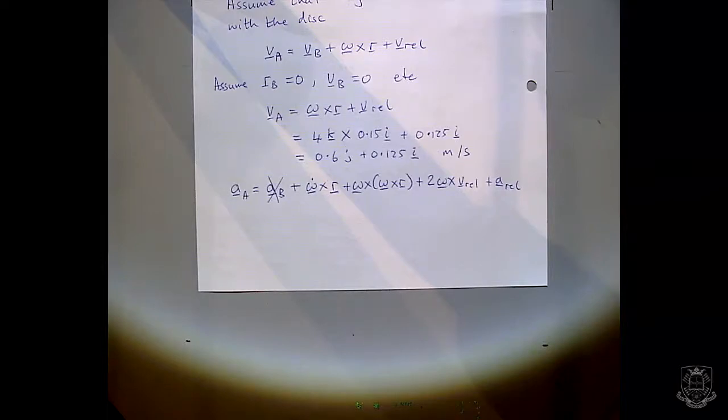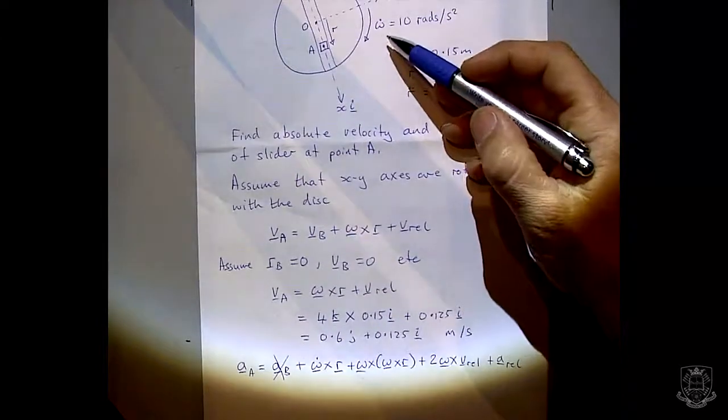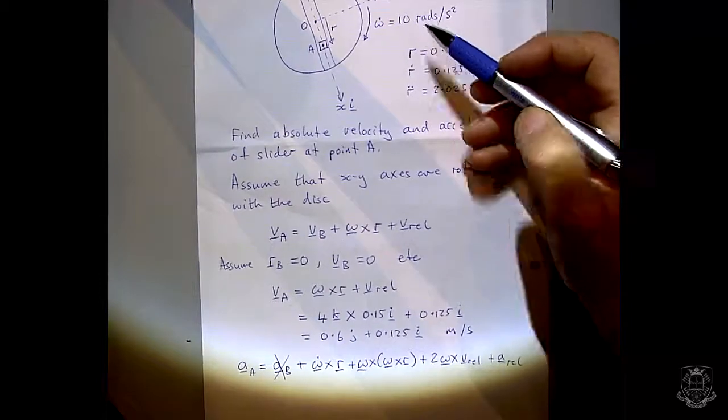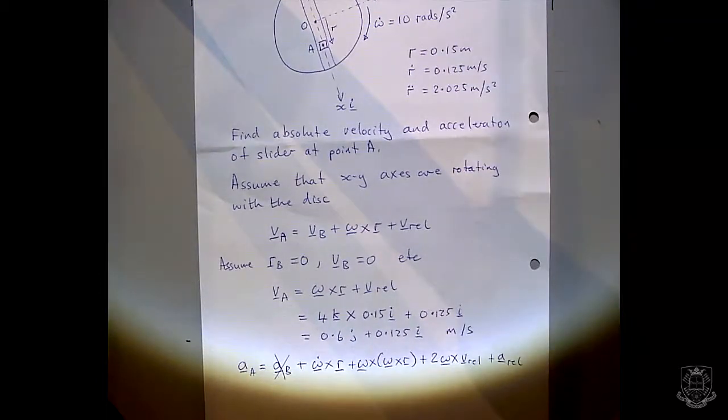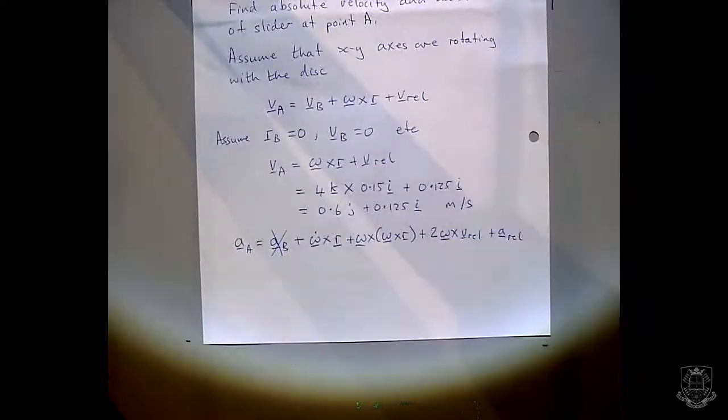In this example, we're given omega dot in the question. Going back to the question for a moment, we're told that the scalar value of omega dot is 10 rads per second in the opposite direction from omega. That direction is the minus direction in our sign convention for angle.